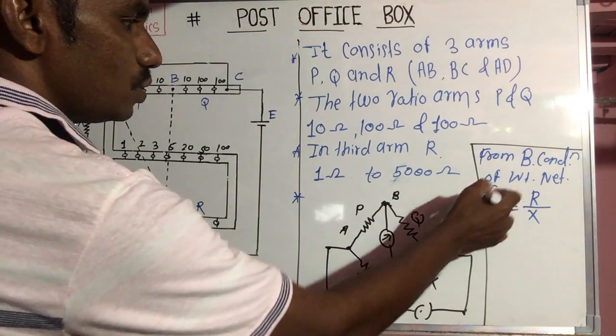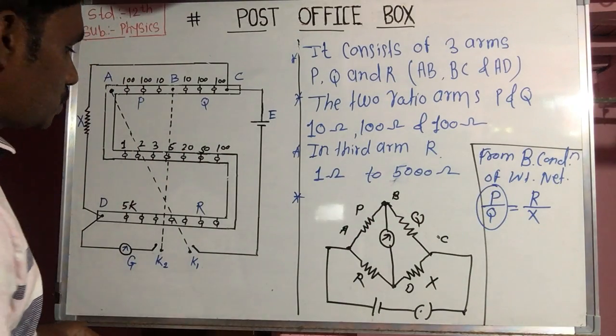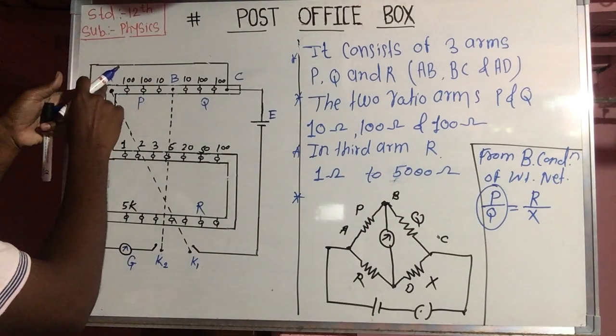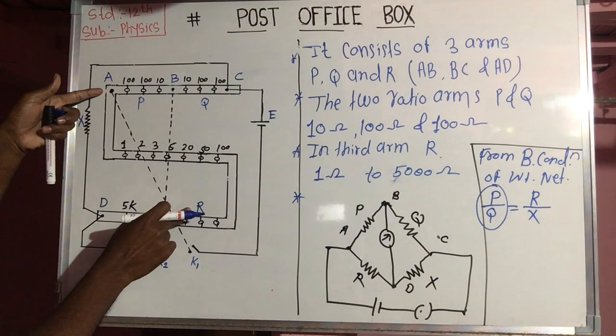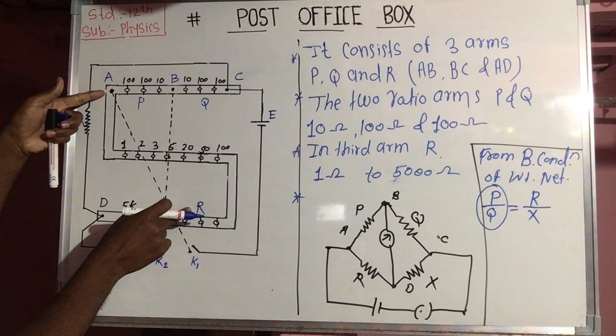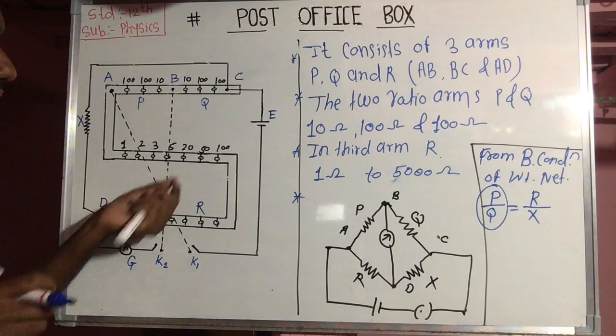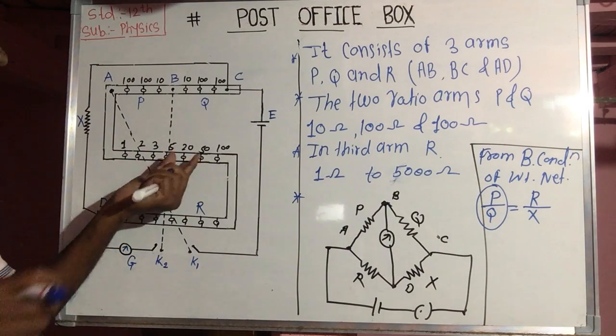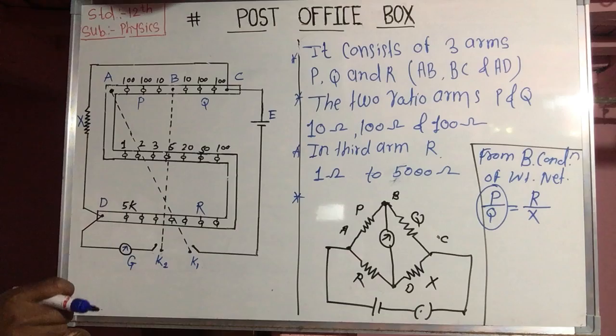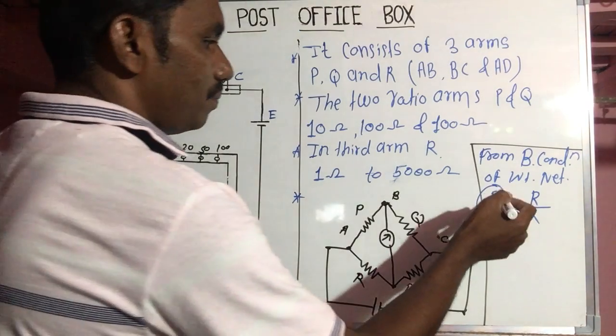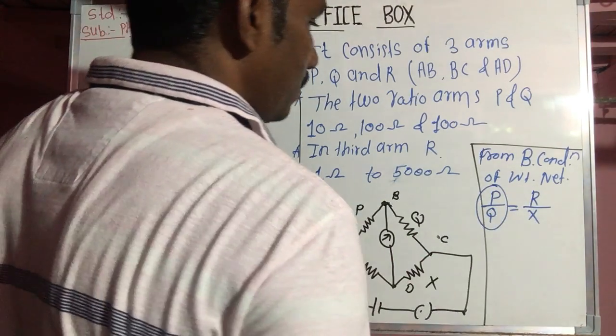So this ratio is known. Also the resistance in arm AD, which is R, we also know, because it is the resistance that we have taken from these keys. So now P by Q equals R by X.